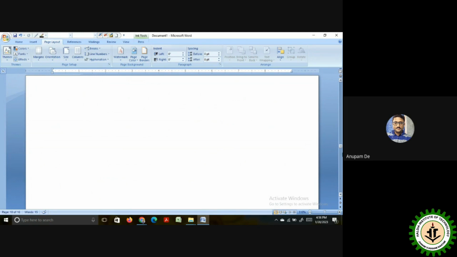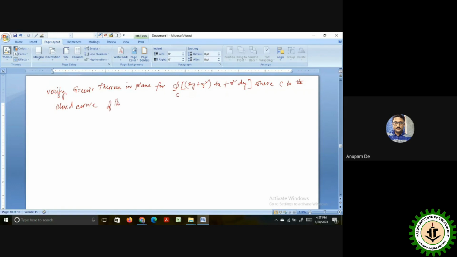So the question will be: verify Green's theorem in plane for the closed integration over C of (xy plus y square) dx plus x square dy, where C is the closed curve of the region bounded by y equal to x and y equal to x square.